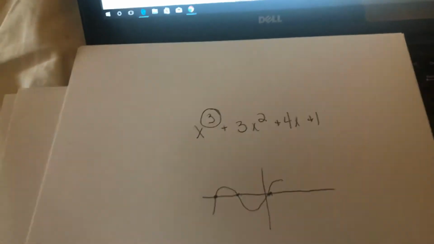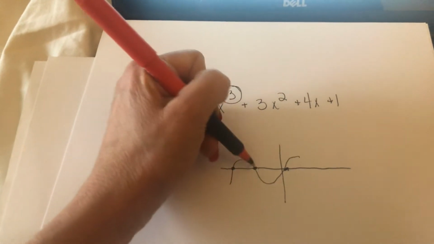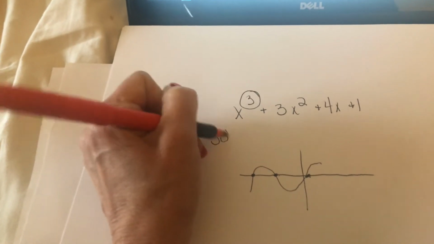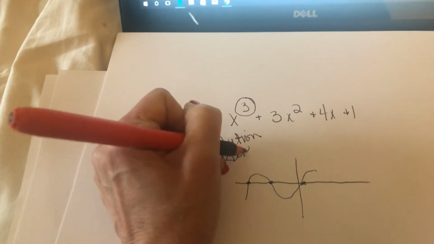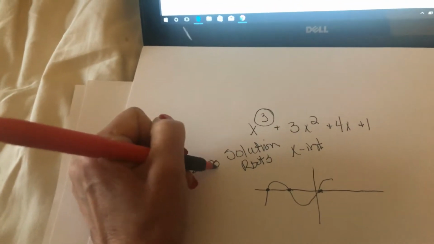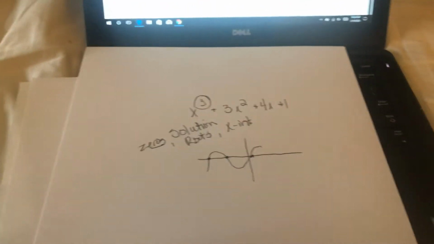Now, I'm not saying it does, but I'm saying it can, and every place it crosses the x-axis would be considered the solution or the roots or the x-intercepts, or the zeros. So these are all names for where our graph crosses the x-axis.